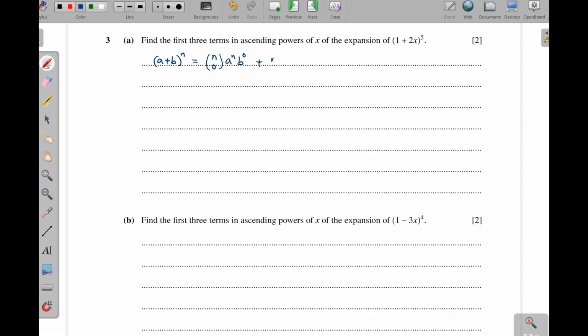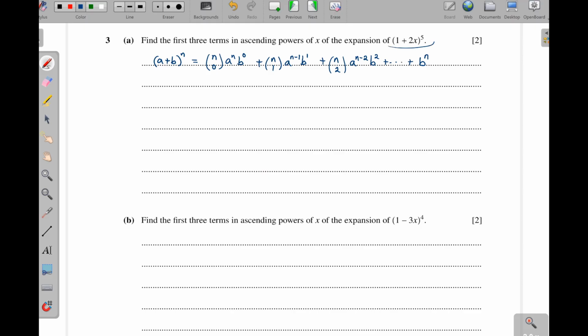So we have n combination 1, and then a to the power of n minus 1. So the powers of a keep on reducing as the powers of b keep on increasing. So we have n, then combination 2, then this is a, n minus 2 here, then b power 2, and then this one continues until we get only b to the power of n.